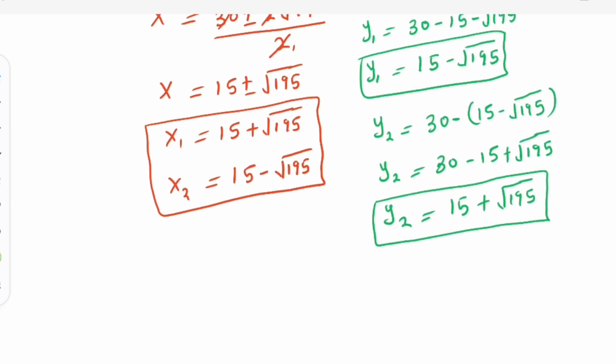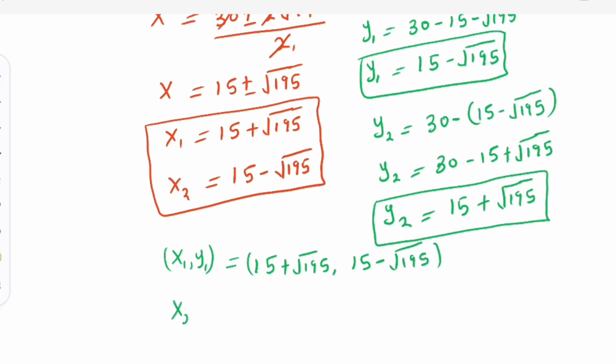Therefore, our final answers are x1, y1 is equal to 15 plus square root of 195, 15 minus square root of 195.